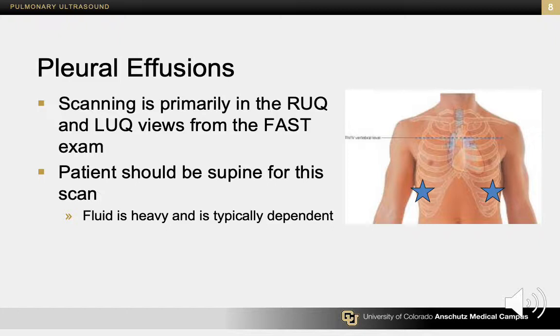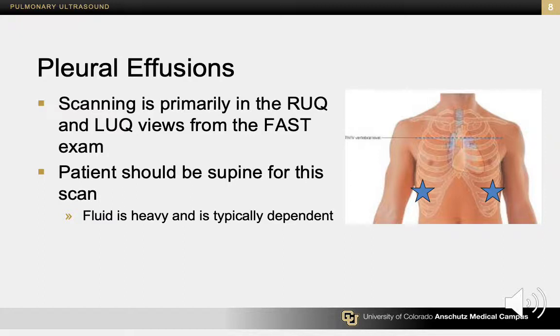You're also imaging a little bit at the costophrenic angle, which is where even small effusions start to accumulate first. As we know, fluid is heavier and typically dependent in the body, especially when the patient is lying supine. So the convention is to image these patients supine if they can tolerate it.